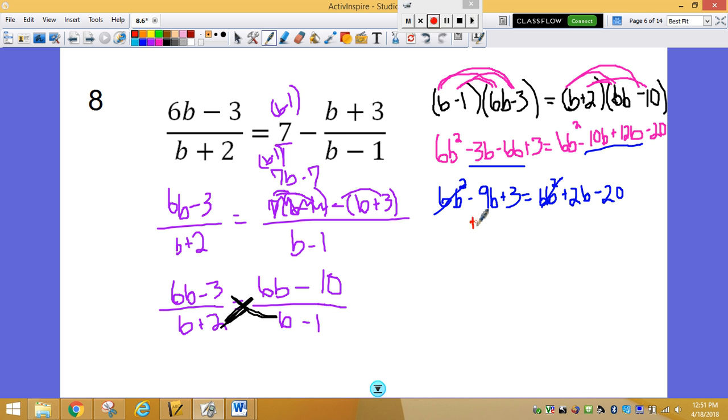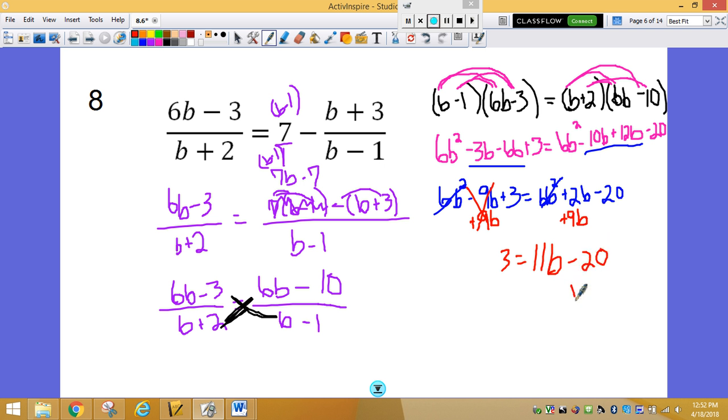From here you have a few options. I'm moving the 9b because I don't like negatives. So why deal with negatives if you don't have to? So I'm going to add 9b. Notice I lined it up under the 2b because you have to combine like terms with like terms. So I got a 3 left. 2 plus 9 is 11b.